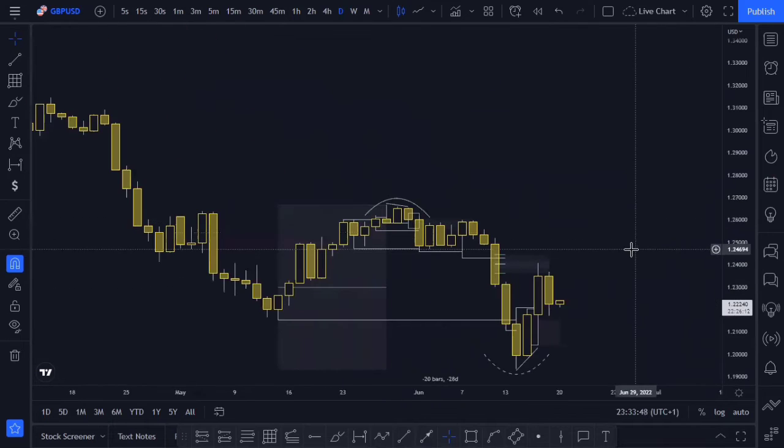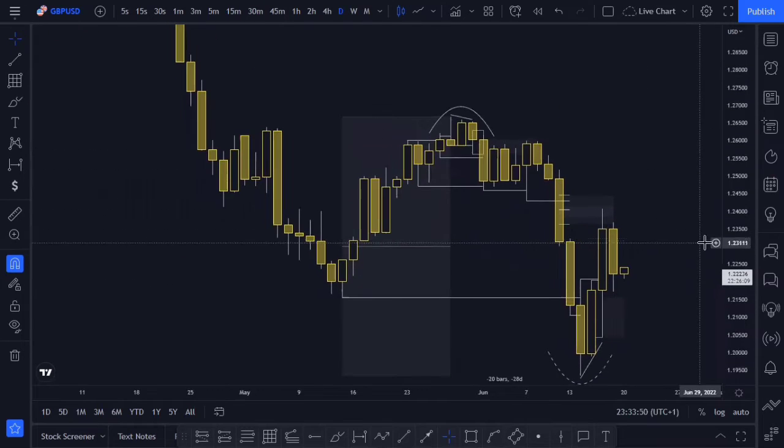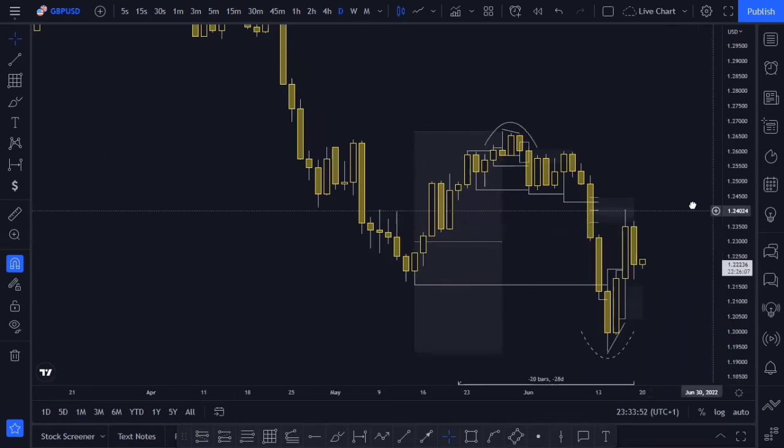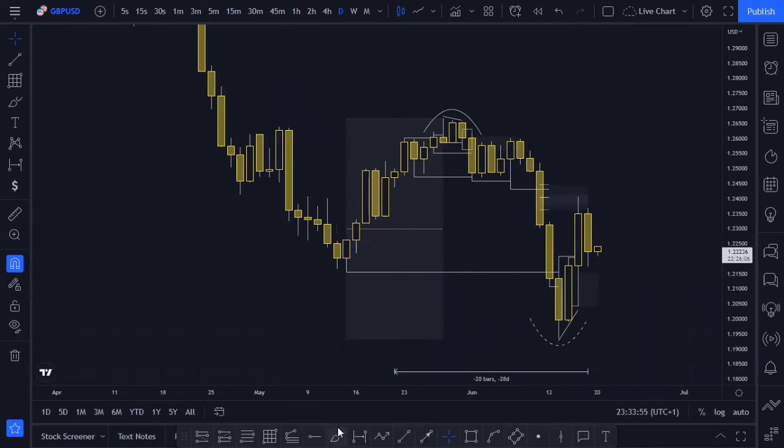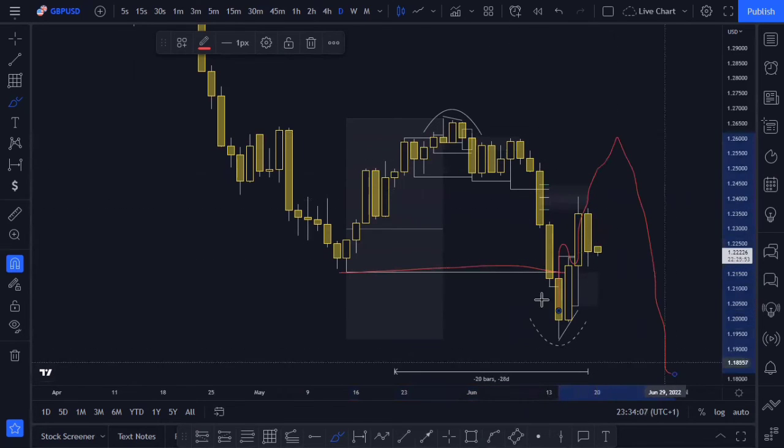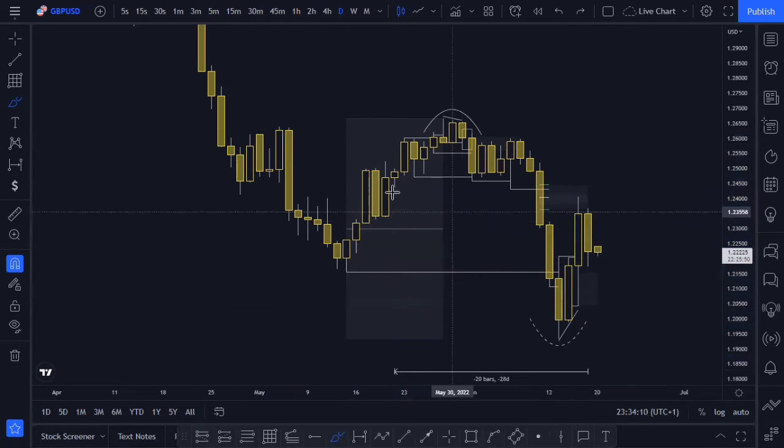So we had this pre-construction here, this pre-construction here. And maybe after a pre-construction, we feel like a pullback and then probably continue the structure, the very structure, which is on the daily.